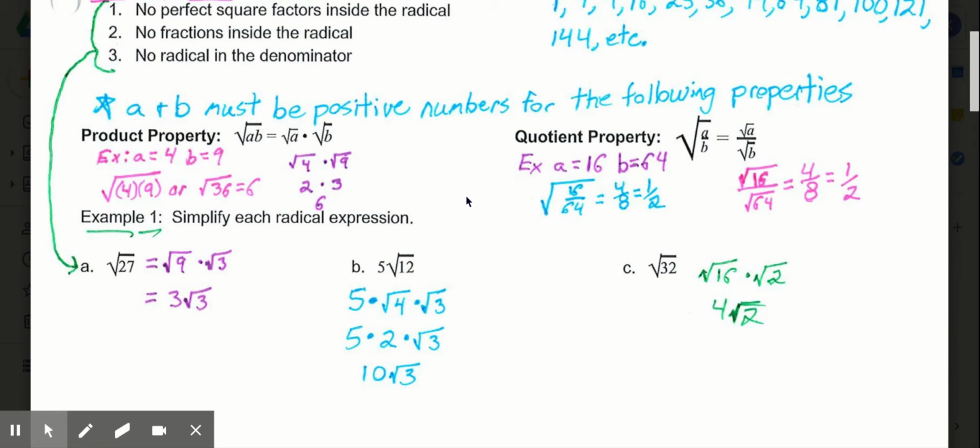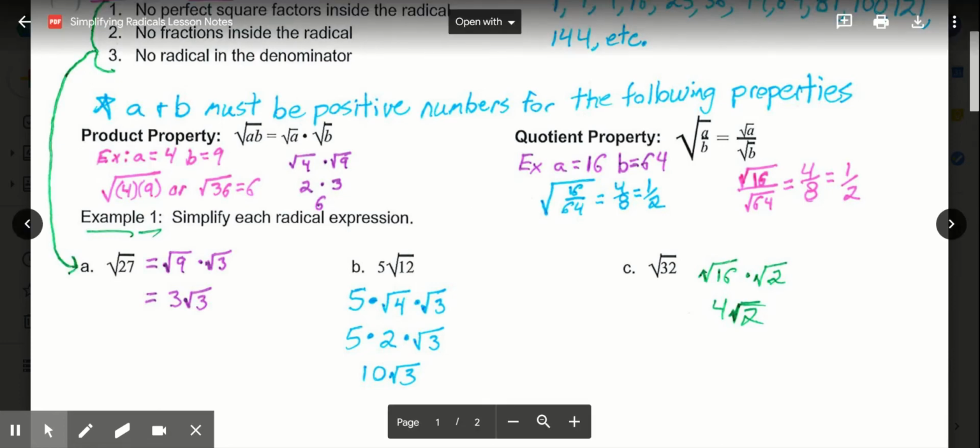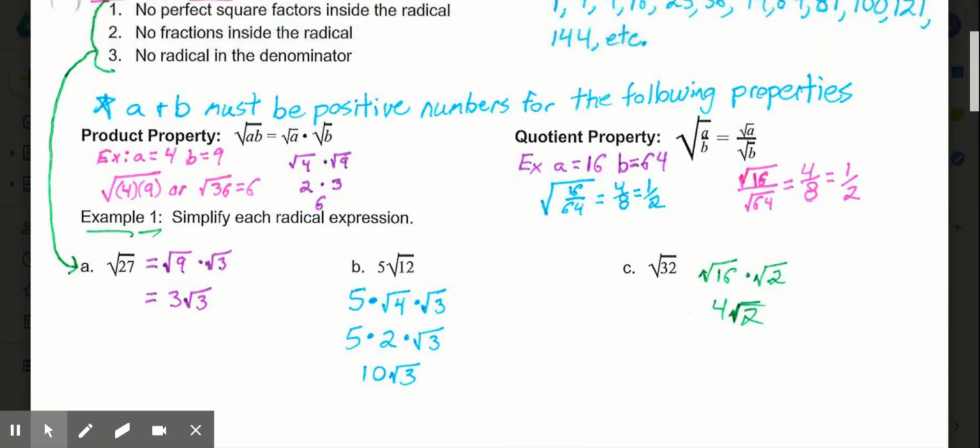For example, 4 times 9 inside a square root, which is the square root of 36, we could split into the square root of 4 times the square root of 9, which is 2 times 3, which is also 6. So the product property allows us to split the inside into two different factors.